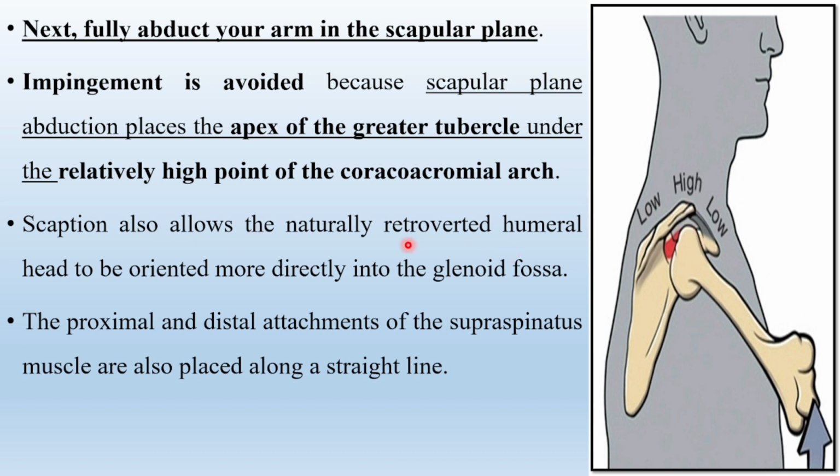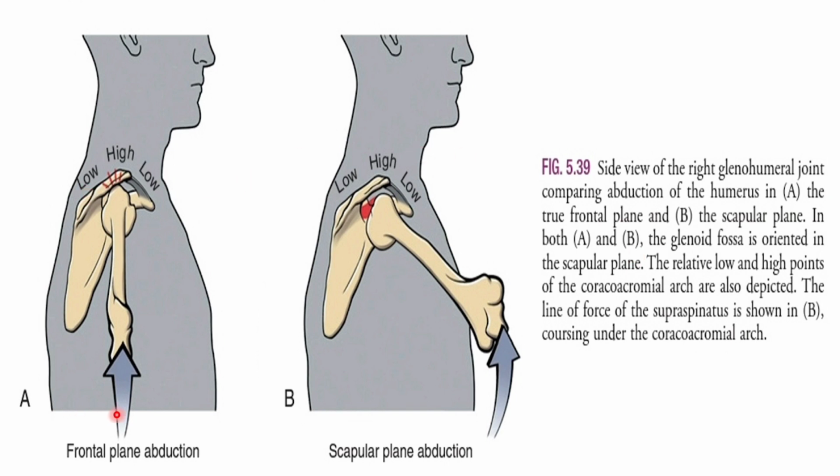Scaption also allows the naturally retroverted humeral head to be oriented more directly to the glenoid fossa. The proximal and distal attachments of your supraspinatus are also placed in a straight line compared with your frontal plane attachments. So this is the difference between frontal plane abduction and scapular plane abduction.